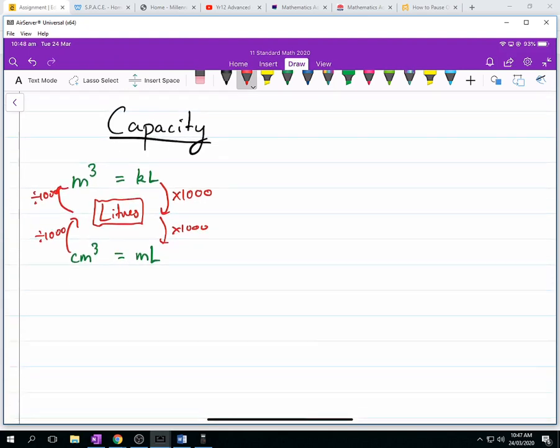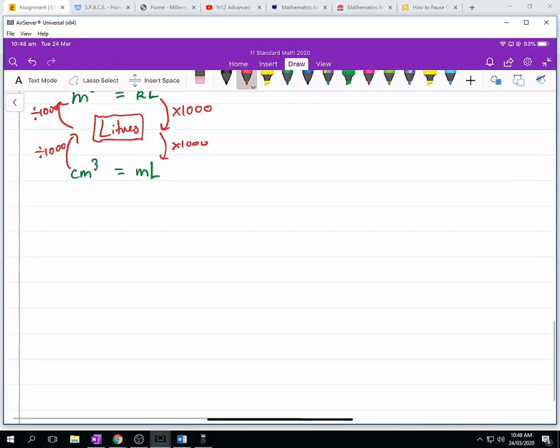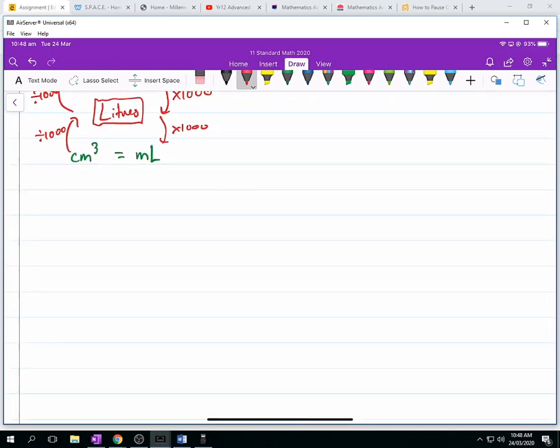So if we look at some examples of this, just say I want to run a bath instead of a shower, and my bath is a rectangular prism. I know it's not going to be that comfortable, but I have a rectangular prism bath.